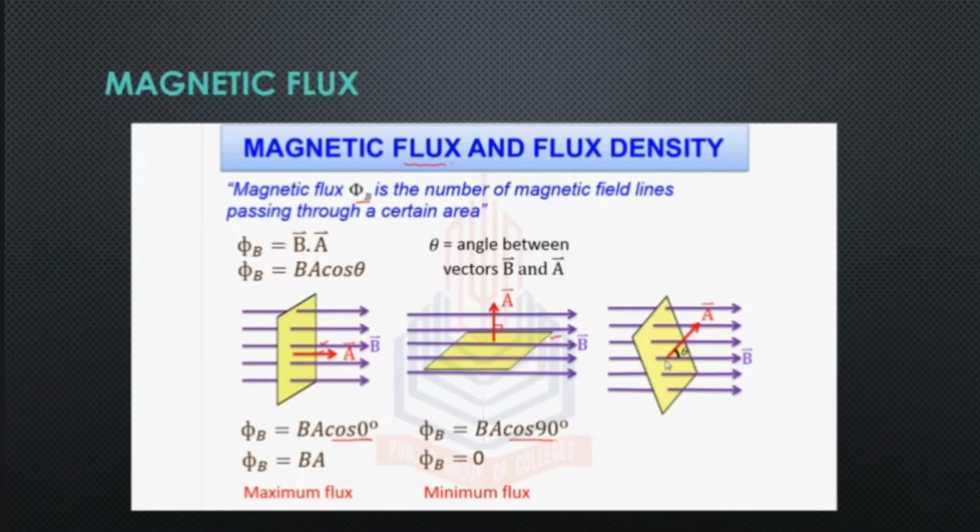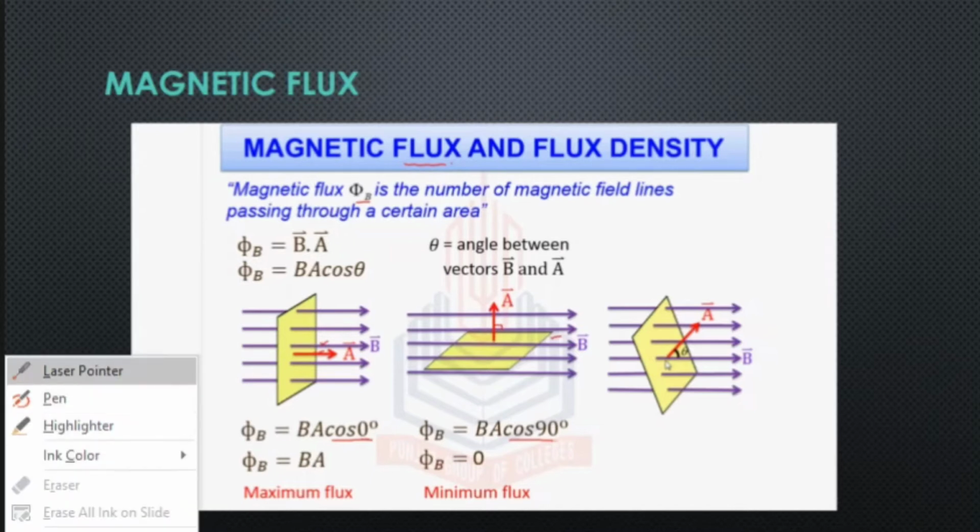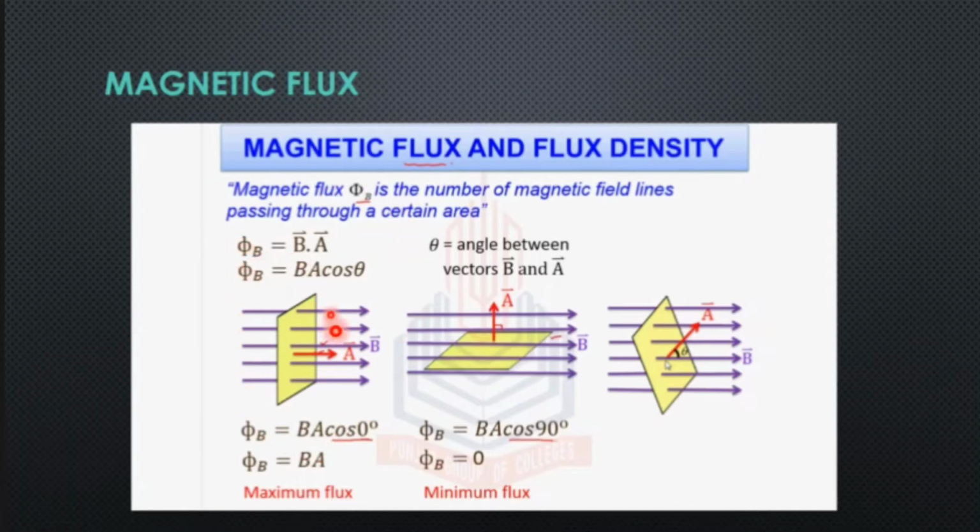So now, taking a deeper look into the magnetic flux. Magnetic flux, as I said earlier, is the number of magnetic field lines passing through a certain area. So if you see in the slide here, the magnetic field lines are parallel to the surface area, which means the angle between the magnetic field lines and the surface area is 0.